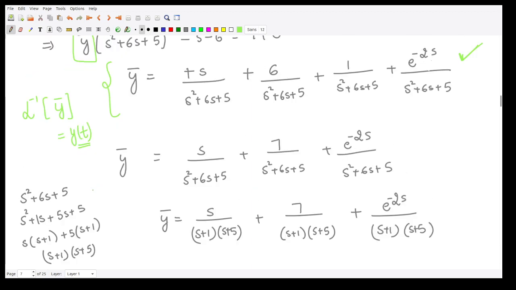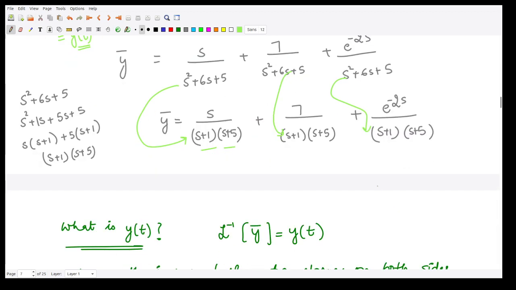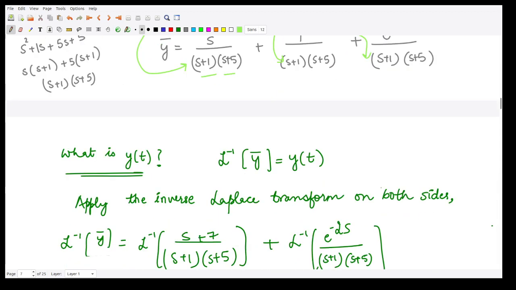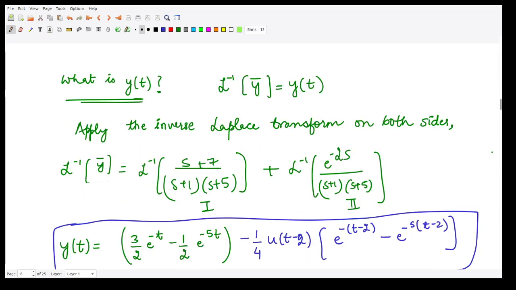But before applying that, we are first going to evaluate these terms into simpler terms. So we are converting this into two different factors, into these and into these. Our next task is to apply partial fractions in order to separate out this term. Okay, so we'll first apply the inverse Laplace transform.